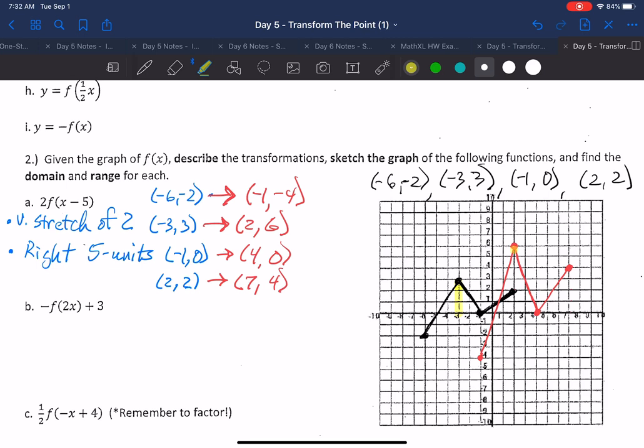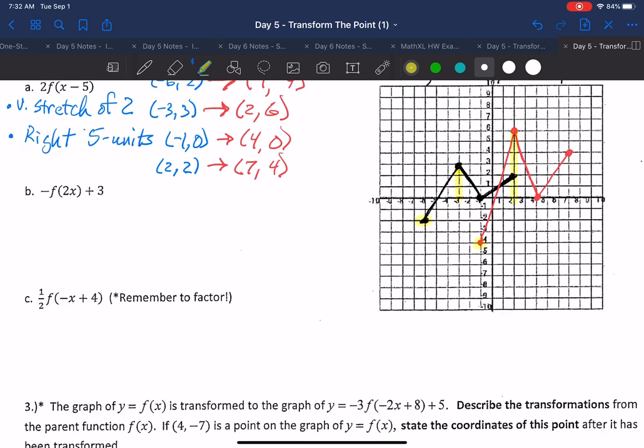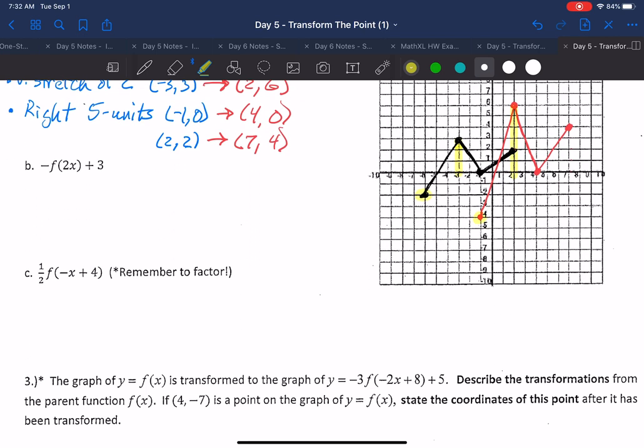Now look at from here to the x-axis, 1, 2, 3, 4, 5, 6. It's 6. Double 3, you get 6. This point and this point should be 5 units apart. Same thing with every other point. I'm going to leave it for you to work on the rest of it.